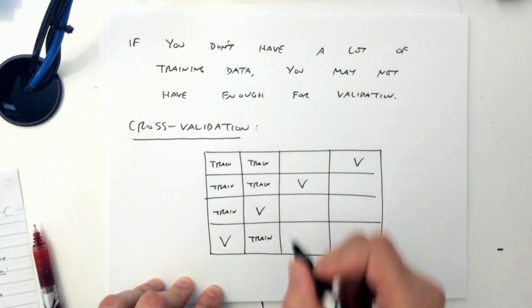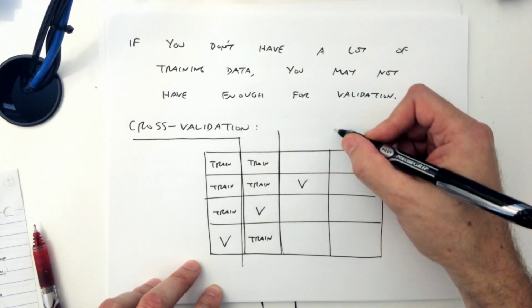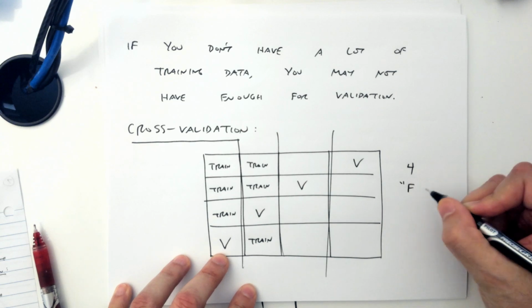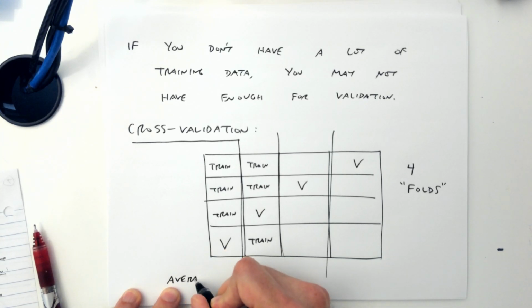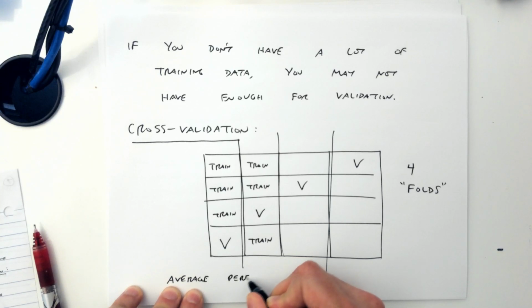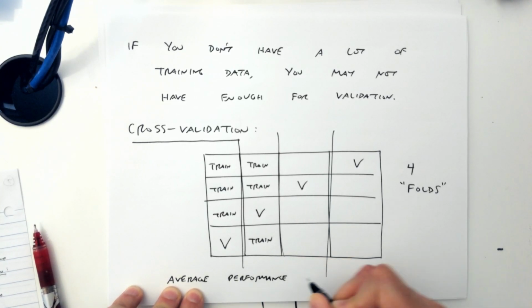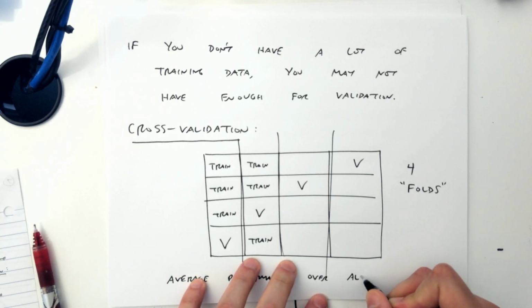I could split the data into what's called 4 folds. So I have a number of different ways of chunking up the data into training and validation, moving around where I put the validation part. Then I average my performance over all of the folds.